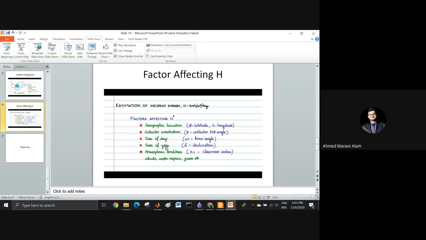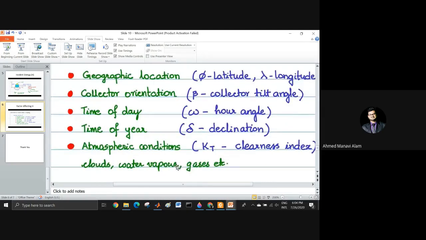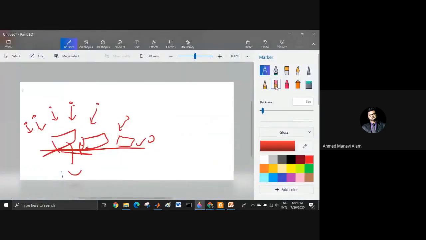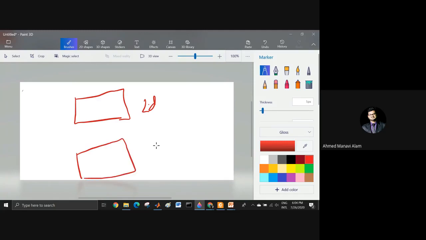Then comes the atmospheric conditions. Atmospheric conditions mean clouds, water vapor, gases, etc. Atmospheric condition is directly involved in the condition of the PV cell. Suppose this PV cell is 2 days old, and this one is 2 years old.